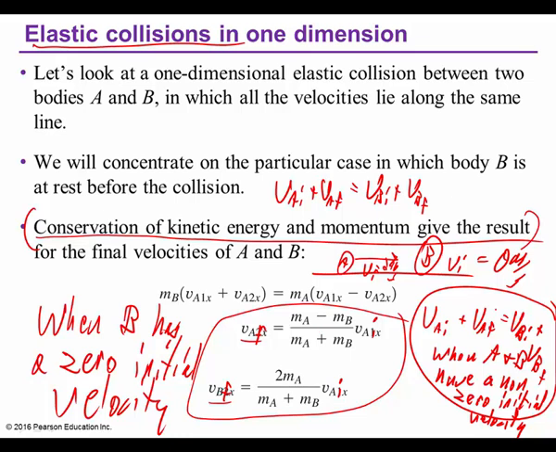Then you set one equal to the other, solve it, and go back and plug it in. Once you solve for one final velocity, then you can plug it in and find the final velocity of the other.